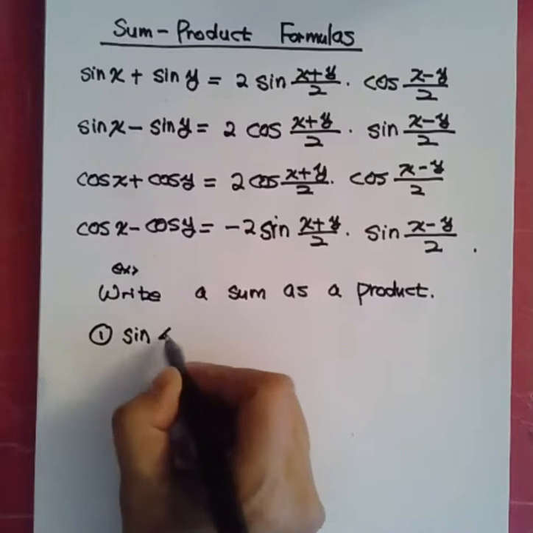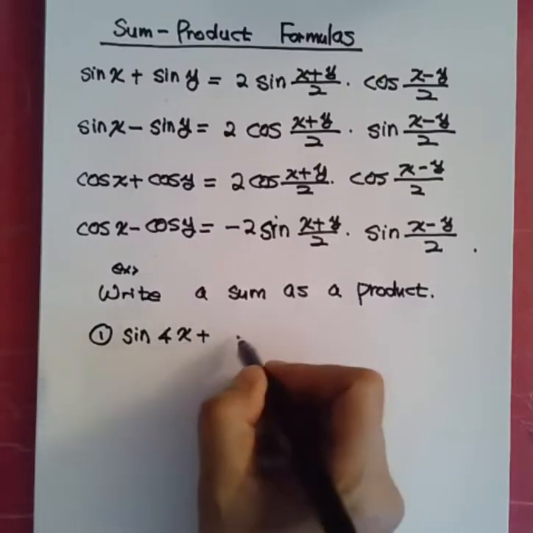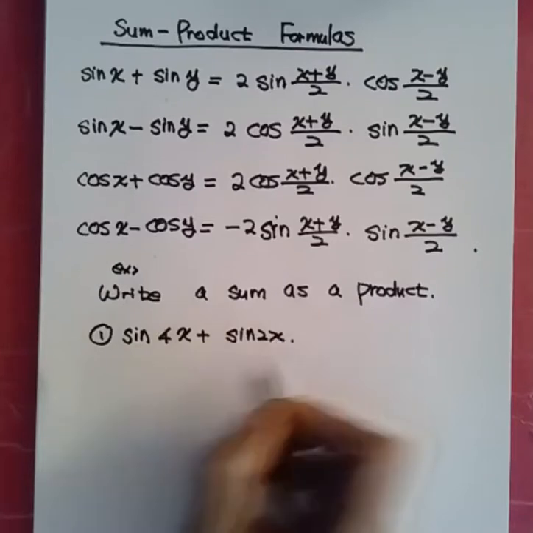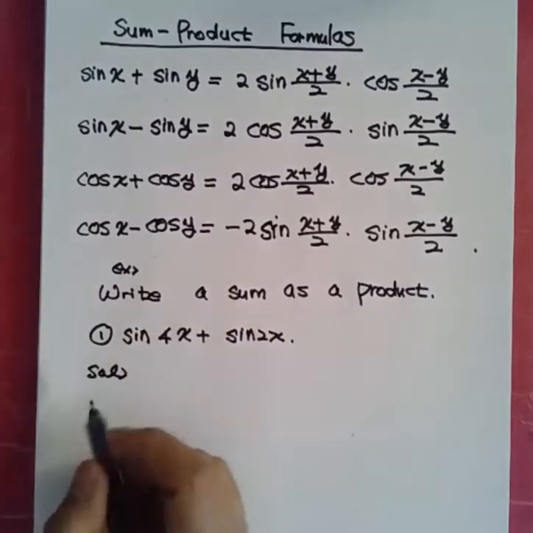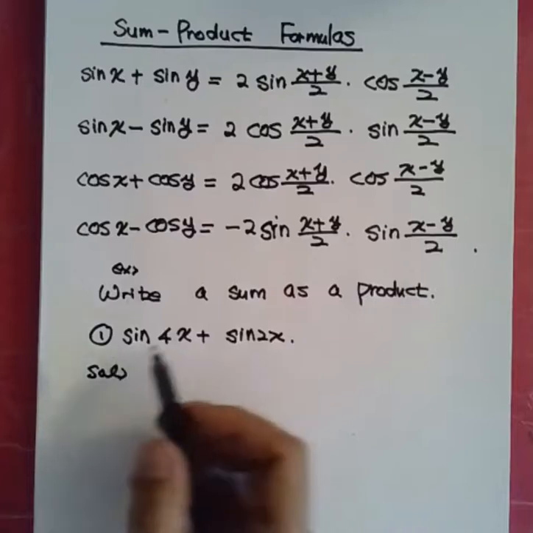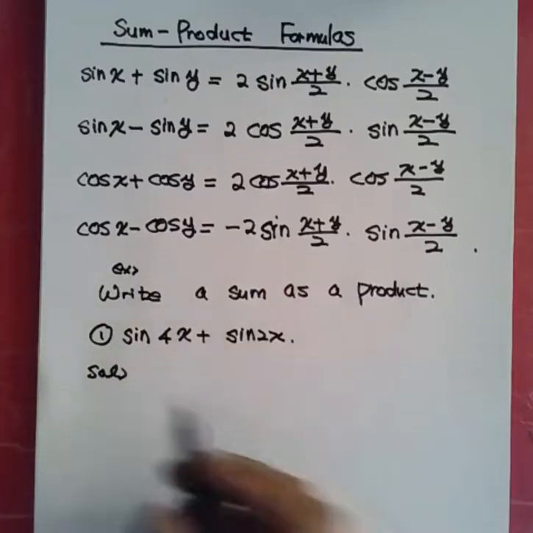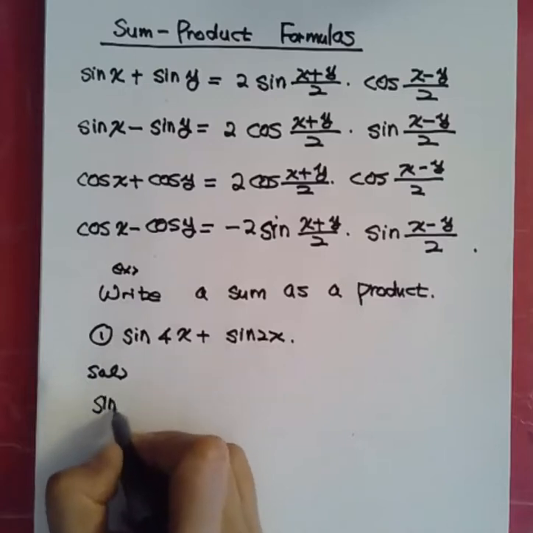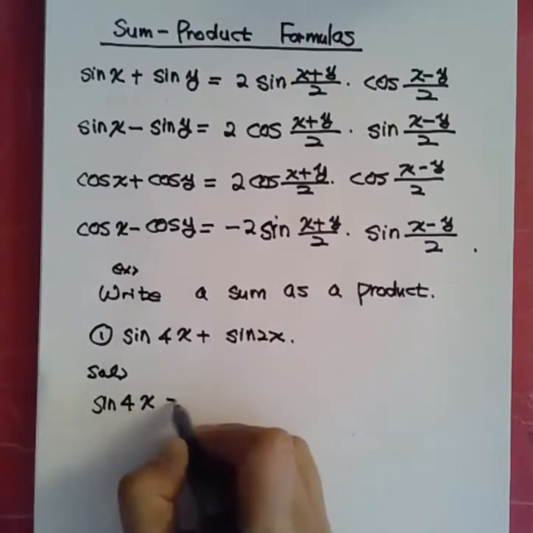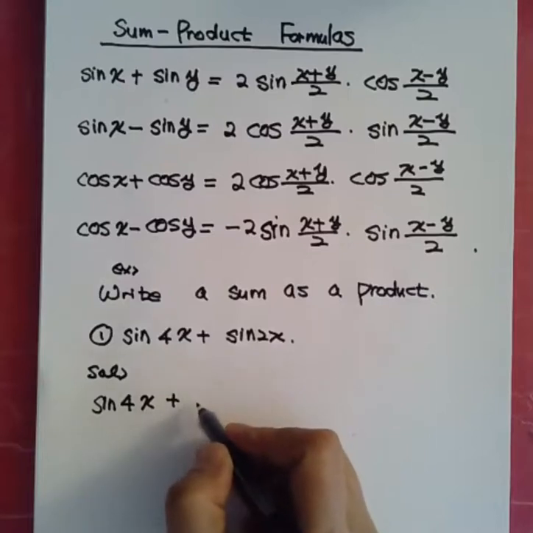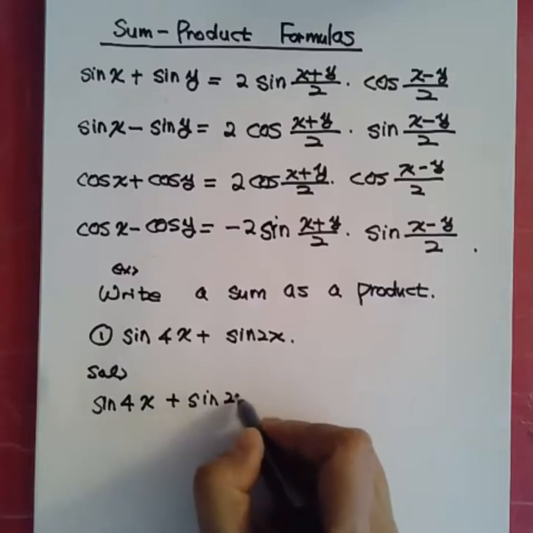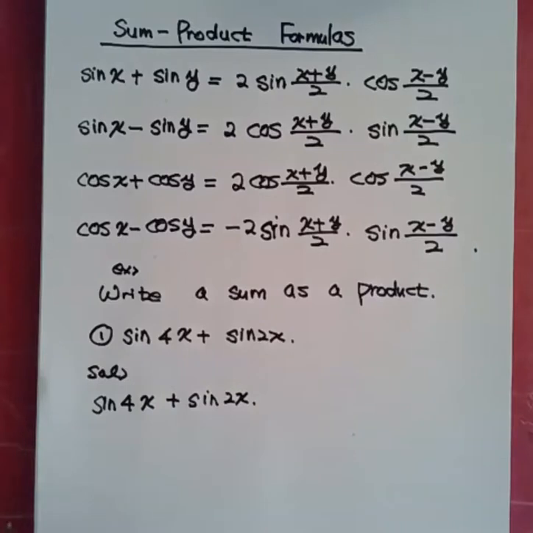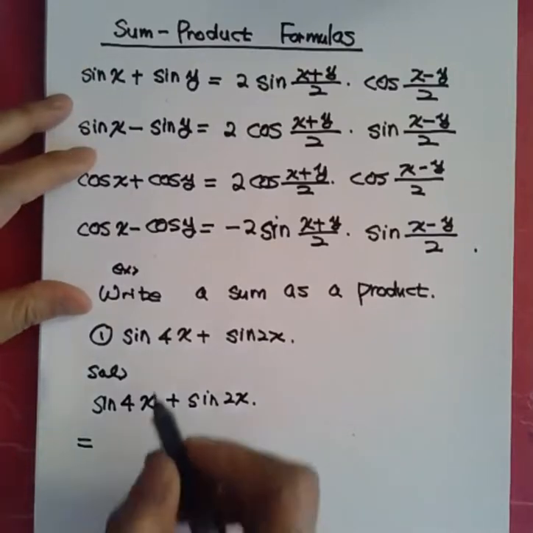The first one is sine of 4x plus sine of 2x. The given form is a sum, and we want to convert those two terms into one term by using a product. This uses the first formula.